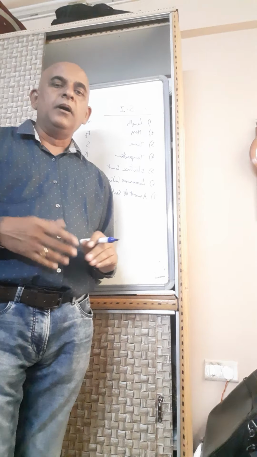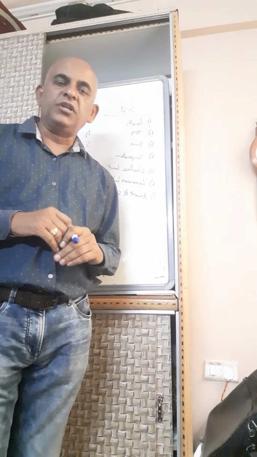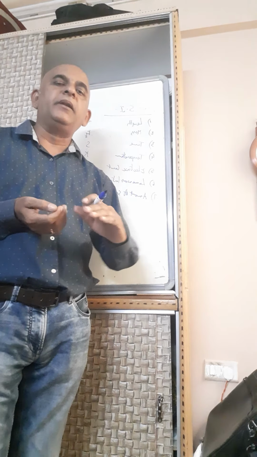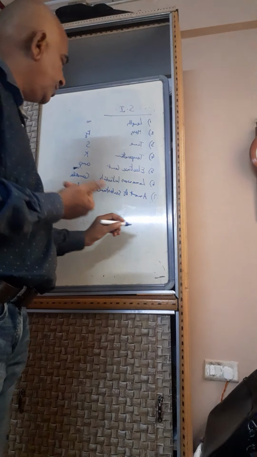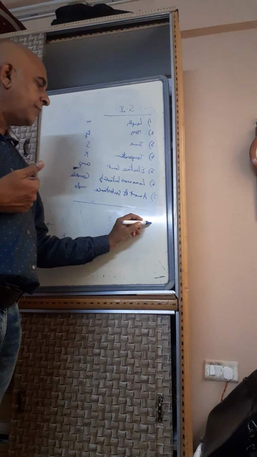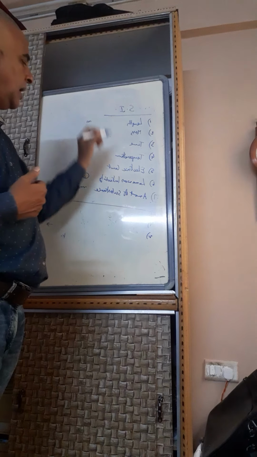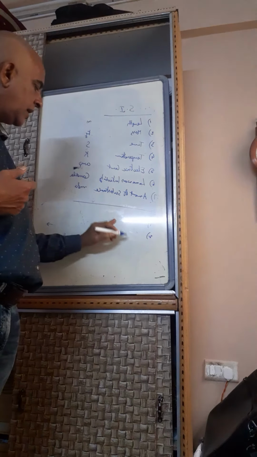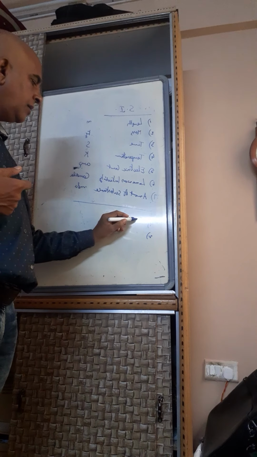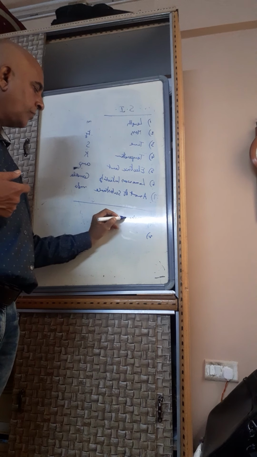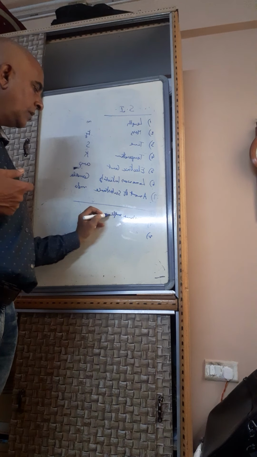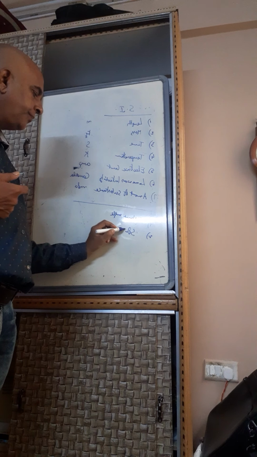Later, some other quantities were difficult to measure. Those are taken as supplementary quantities. So we have two supplementary quantities, which they added: plane angle and solid angle.